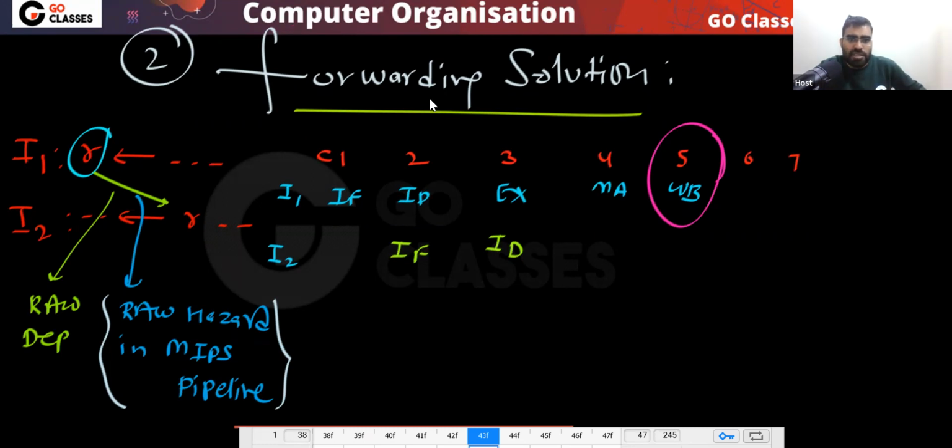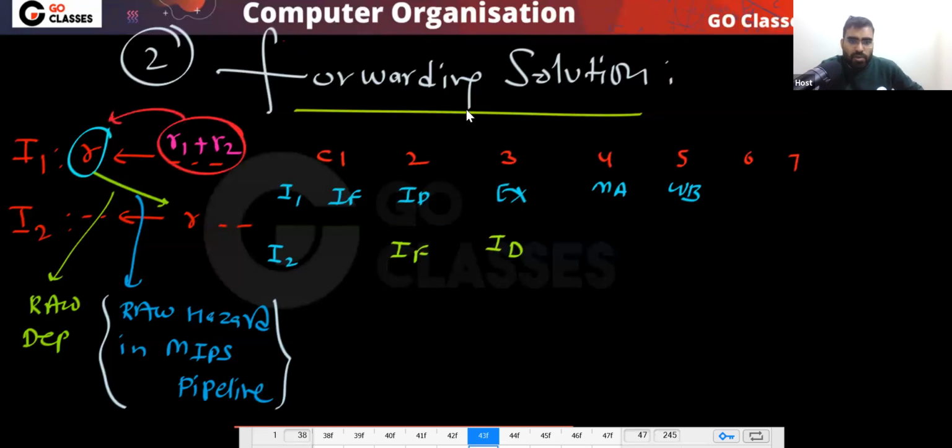You are doing some calculation right here, and that value you are putting in R. Let me call this value V. Do you agree that V is available here, in the execution stage?